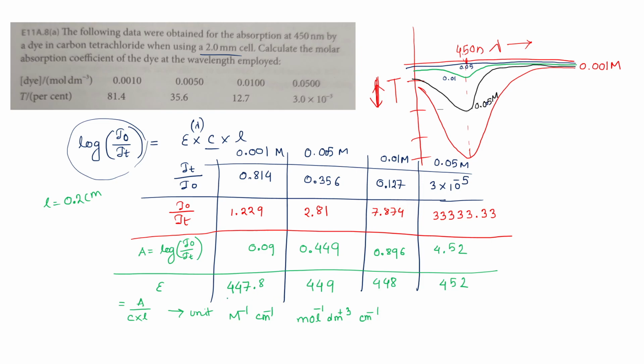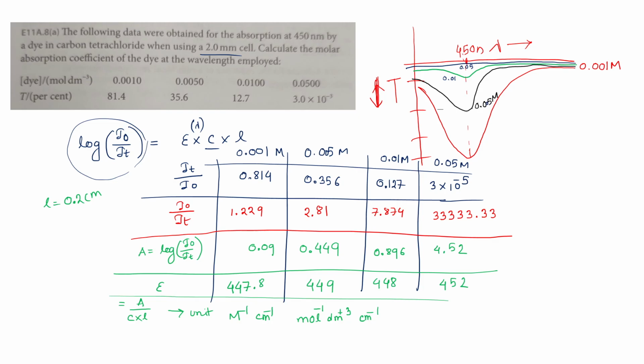You can see, as we have discussed till now, your epsilon value didn't really change. It is almost 448, 449, 452, and some change is there as you have changed the concentration to very high. 0.05 molar is actually very high. If you are getting an absorbance of 4.52, you can see this is in logarithmic scale, so it's a very high concentration.